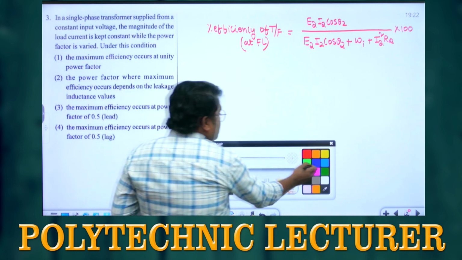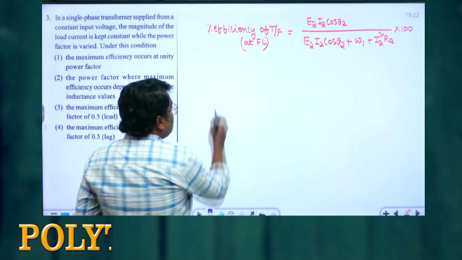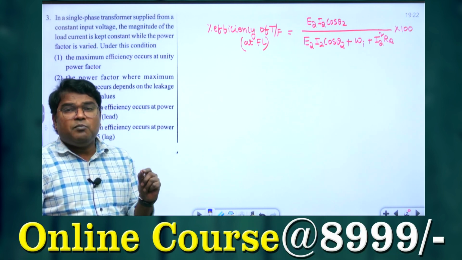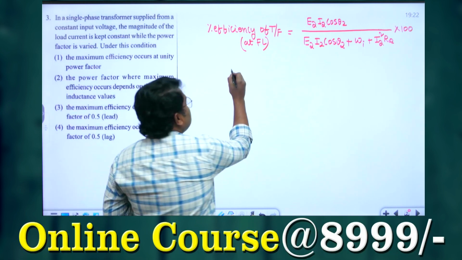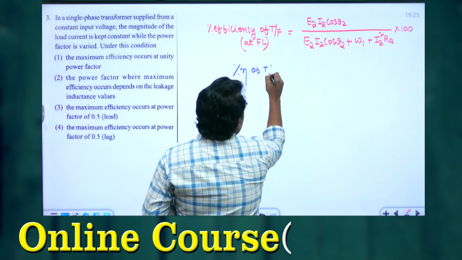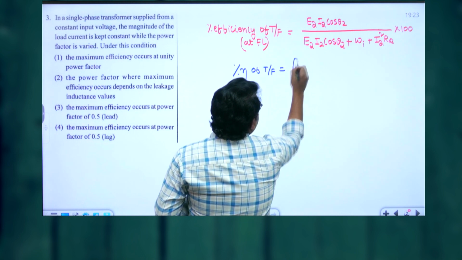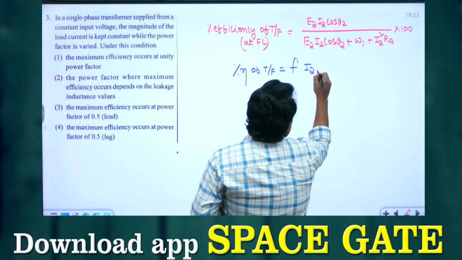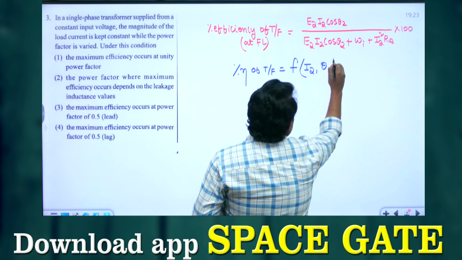From this formula we conclude that the percentage efficiency of the transformer is a double valued function. That means it depends on two factors: the percentage efficiency of the transformer is a function of two variables, the load current I2 and the power factor angle theta 2.